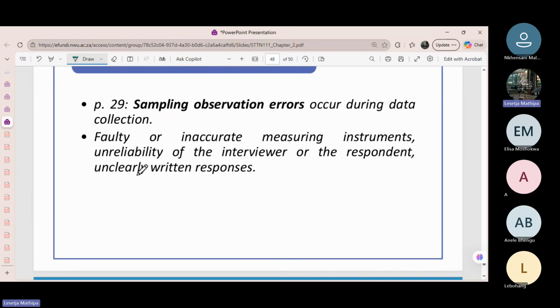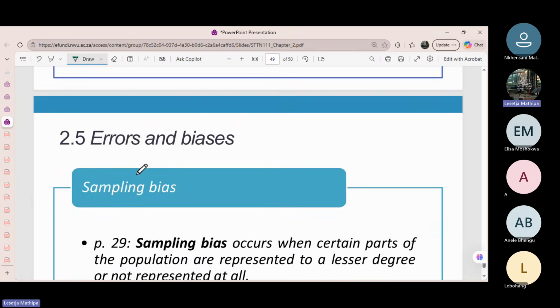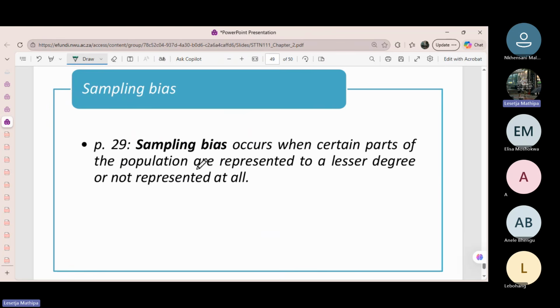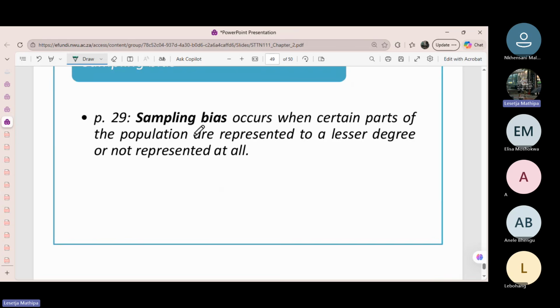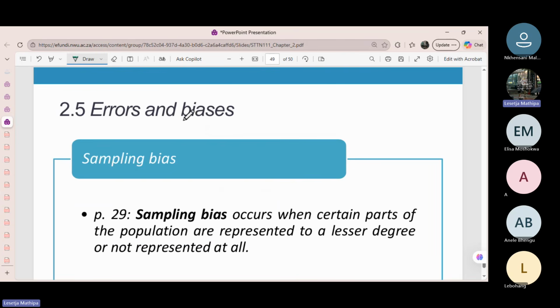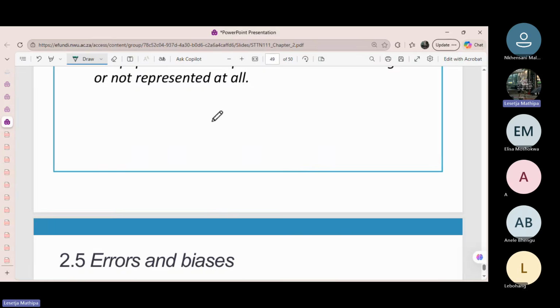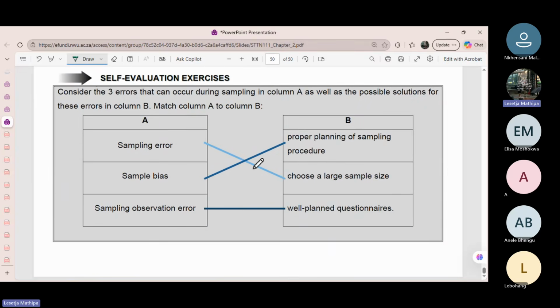That's sampling observation error. Then sampling bias occurs when certain parts of the population are represented to a lesser degree, or not represented at all. So please go and check out the questions based on sampling bias, sampling error, sampling observation error, and even convenience, judgment, and quota.